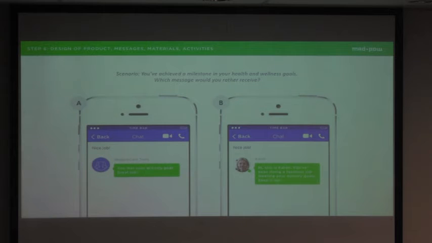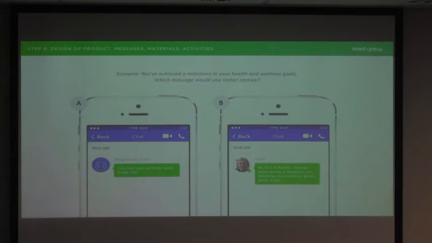So we did some testing of messaging with users to see what would be receptive, and this is all qualitative. We showed concepts of what messages would be, talked through which they would prefer and why, and probed into some of that reasoning. This first message I'll just read since it's quite small.